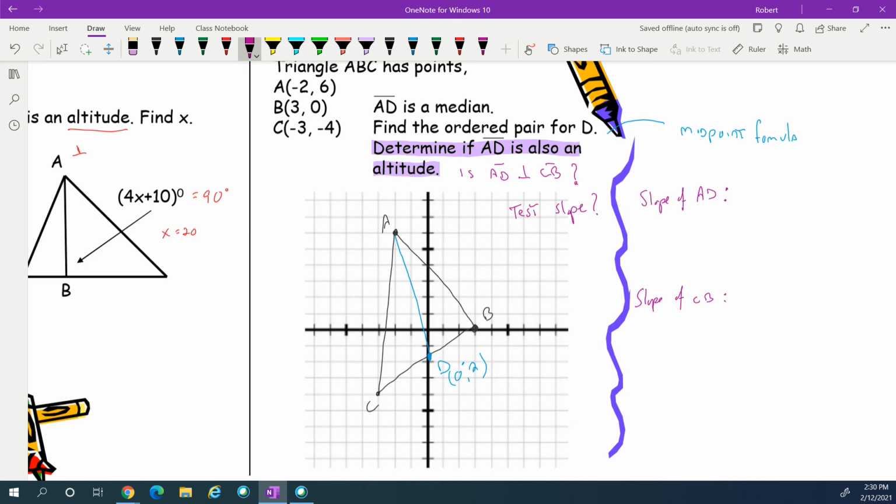Testing AD: y2 minus y1 over x2 minus x1. It looks like negative 8 over 2, or negative 4.